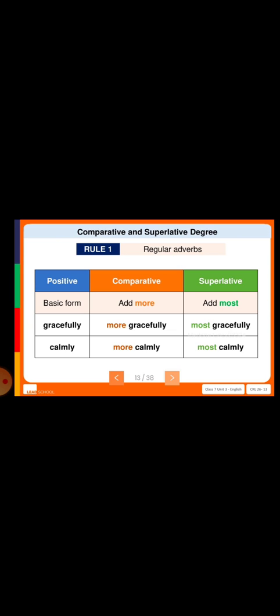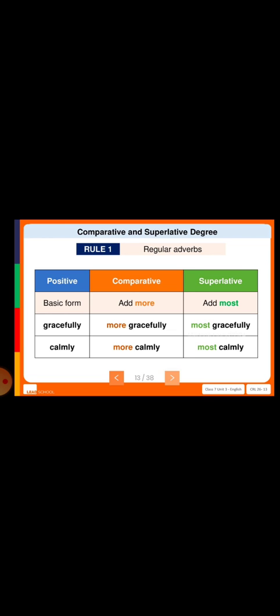You can see gracefully, the adverbs end with the letters L and Y. When this positive is changed into comparative, you have to add more to the word. For superlative, most was added to the adverb.